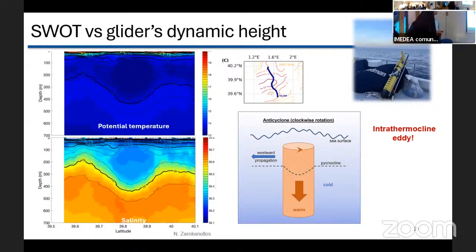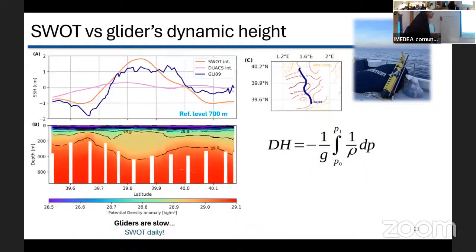So now I want to see if, as I also said before, this anticyclonic eddy gives us this height in the sea surface height. To compare the in-situ data with the sea surface height that the altimeter gives us, we can use this formula, which is the dynamic height, and which is related to the density in the whole water column.